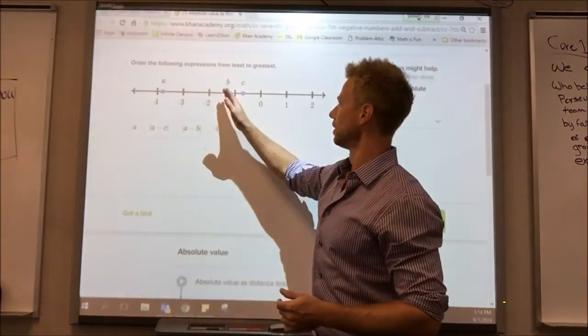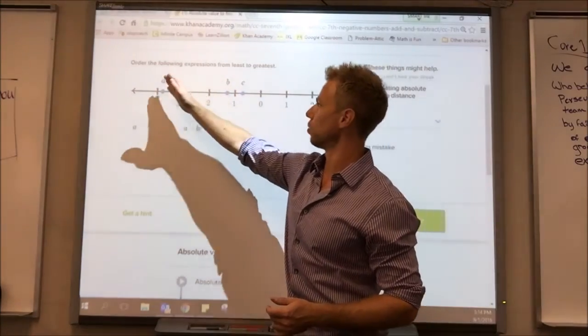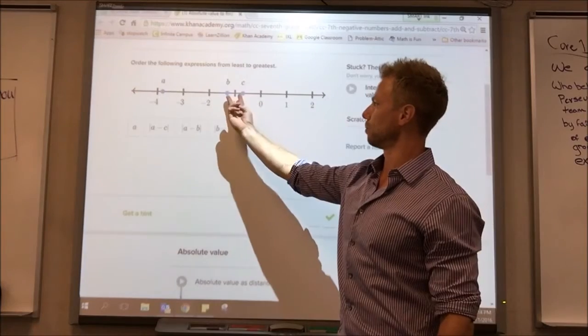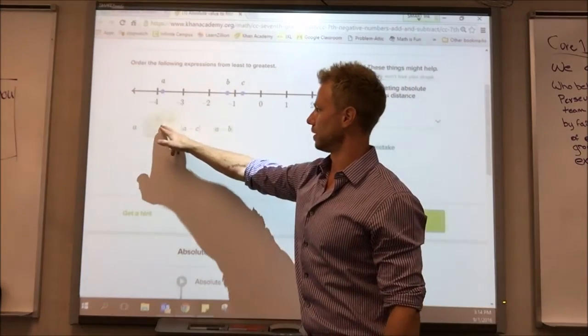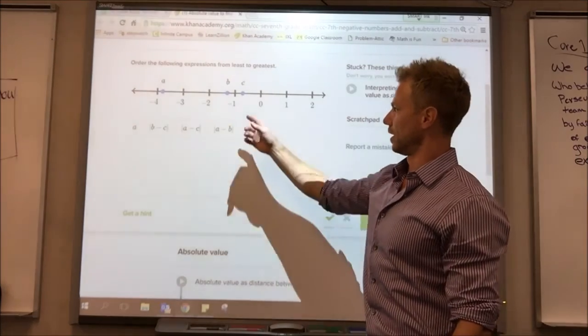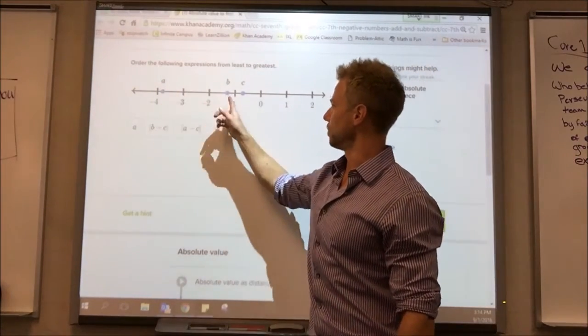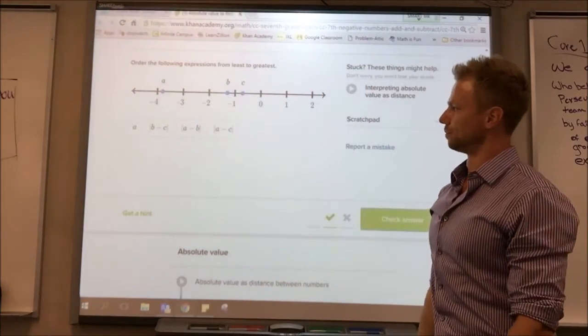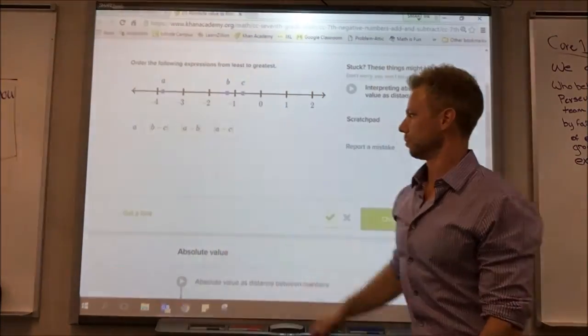Is it A and B, B and C, or A and C? And you can tell just by looking at the number line that from B to C is going to be the next shortest distance. Then the next one in line would be from A to B, and then the longest distance is from A to C. So we have them in order from least to greatest.